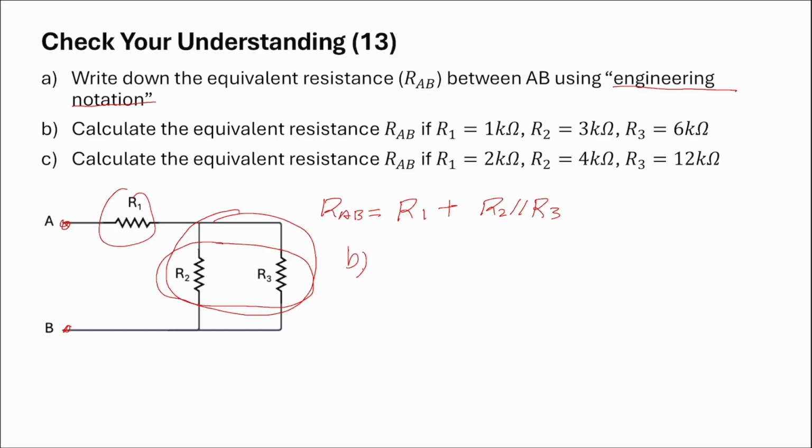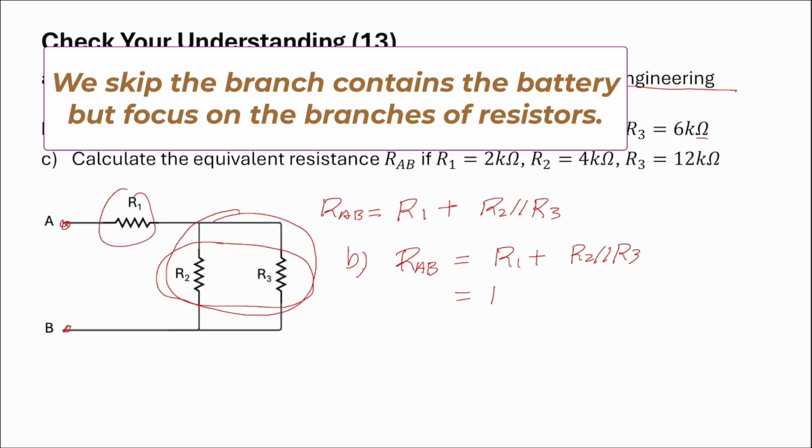If we plug this in, RAB equals R1 plus R2 parallel R3. R1 is 1K. Again, engineers usually drop the unit in the middle of the calculation, but don't forget you have to keep the prefix.